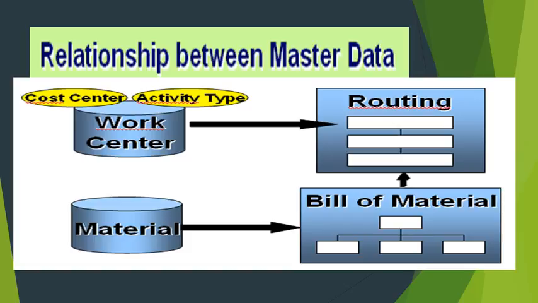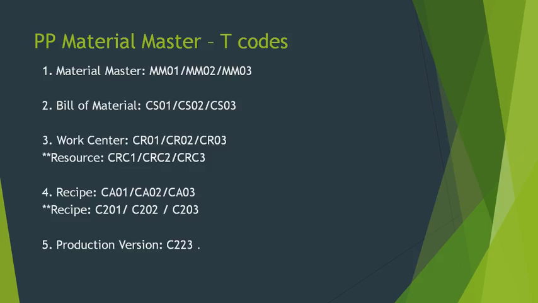Now this is the relationship between the master data, and these are the transaction codes which are used to create the master data. Material master we create via MM01, bill of material by CS01, work center by CR01.